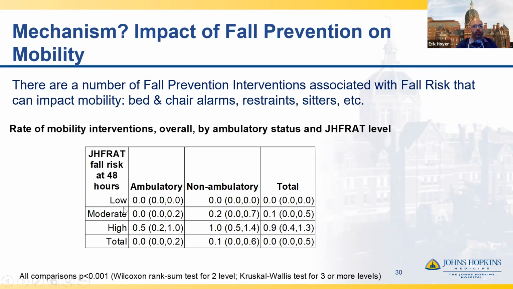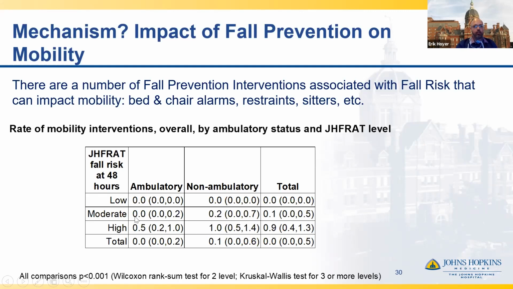For patients with low fall risk, essentially no interventions that potentially impact mobility are being selected by nurses. For patients at moderate fall risk, there are a few interventions being selected by nursing, but particularly for patients who are non-ambulatory, they're getting more interventions that impact their mobility.